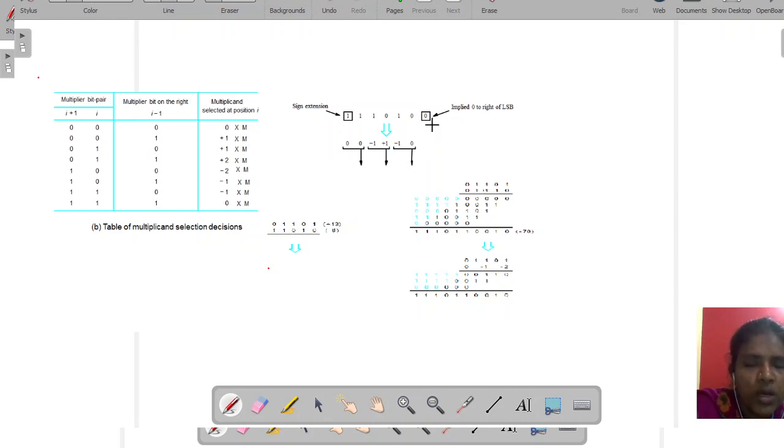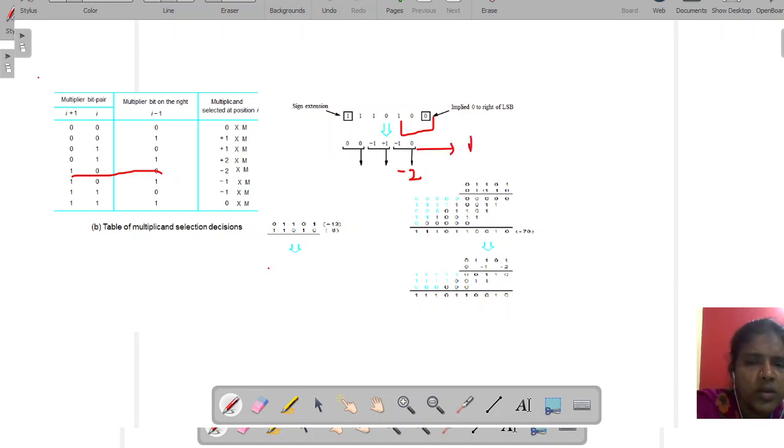As I just told you, you always have an implied 0 for every multiplier. So now you convert the multiplier to the bit pair multiplier. Now you have this initial 0. So 1 0 0. The group is now 3 bits: 1 0 0. What are you getting? Minus 2. You can put minus 2 directly over here, using the Booth table.